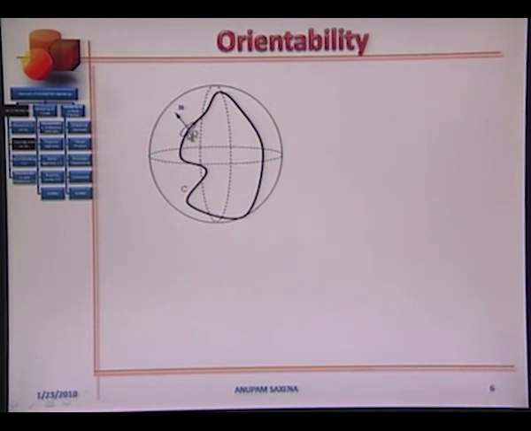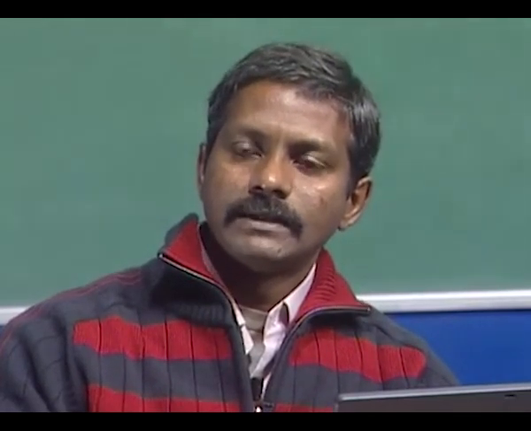That means that the direction of the normal would still be pointing upwards. If that is the case, we call this surface an orientable surface. A torus also would be considered an orientable surface.